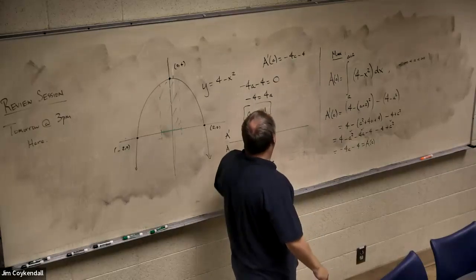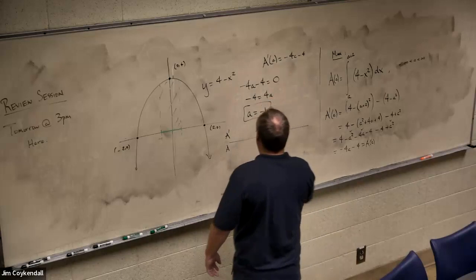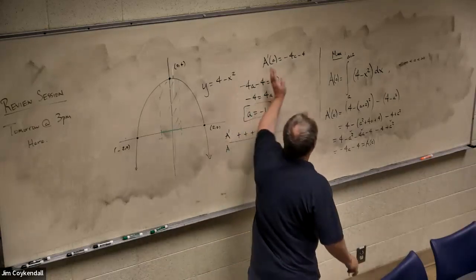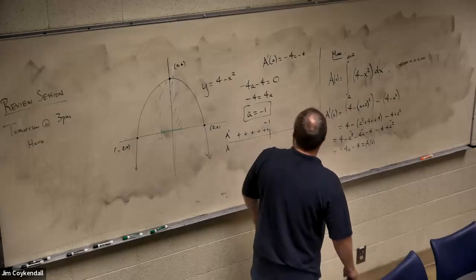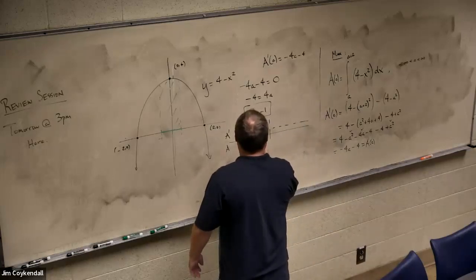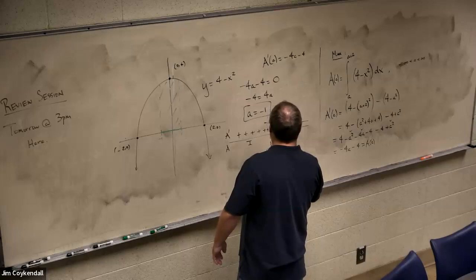When a is less than minus 1, like minus 2, this is going to be positive, and when a is bigger than minus 1, it's going to be negative. So you're increasing, then decreasing, and this is a local max. In fact, it's an absolute max.